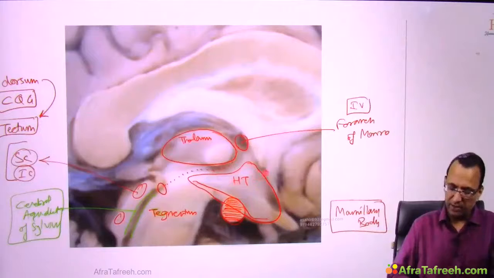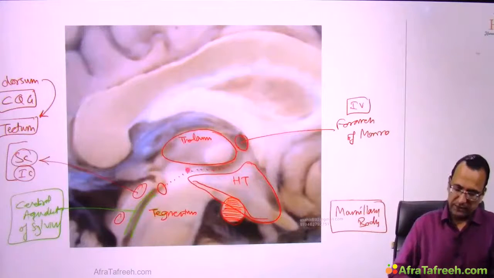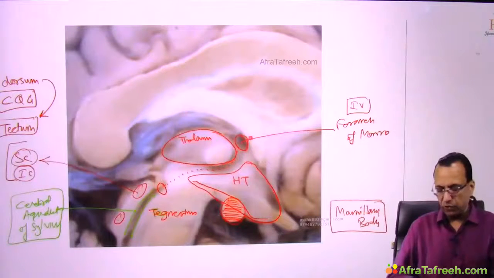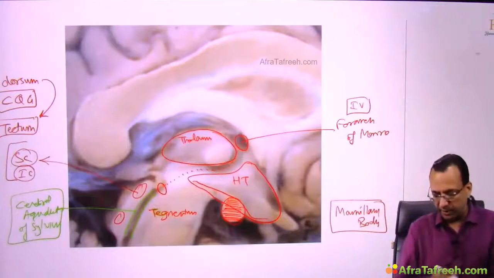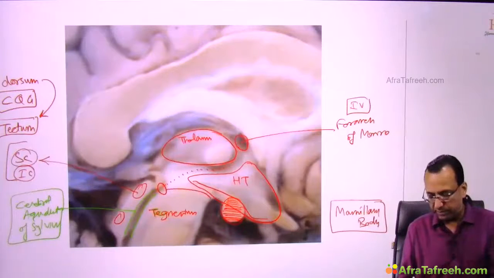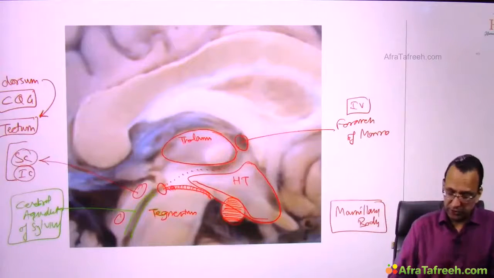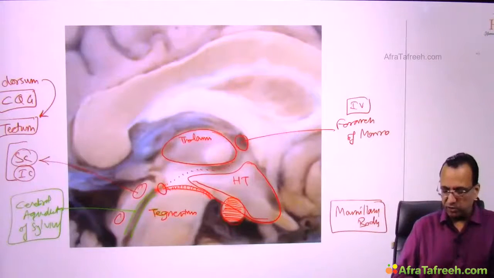Hypothalamus is not only lateral wall but also floor, and CSF is passing in this sulcus. Can you tell me what else is at the floor of the third ventricle? Yes, the tegmentum part of the midbrain is also at the floor of the third ventricle.